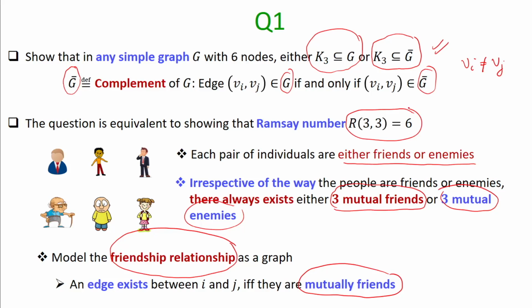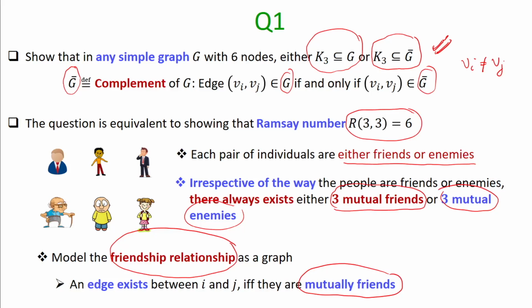And since we had proved that R of 3 comma 3 is equal to 6, that is equivalent to showing the property that we are supposed to prove. Proving that R of 3 comma 3 is equal to 6 is equivalent to showing that if you take the friendship graph, you can always find three nodes in that graph such that among those three nodes you have edges.